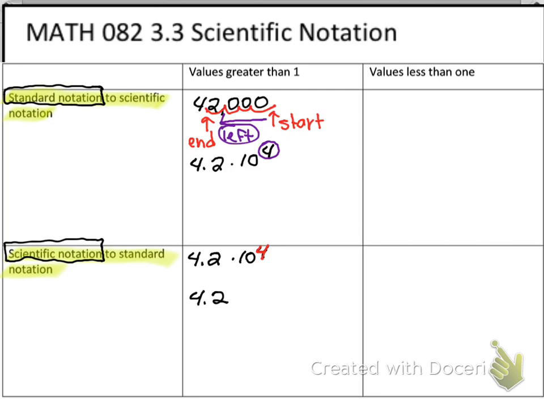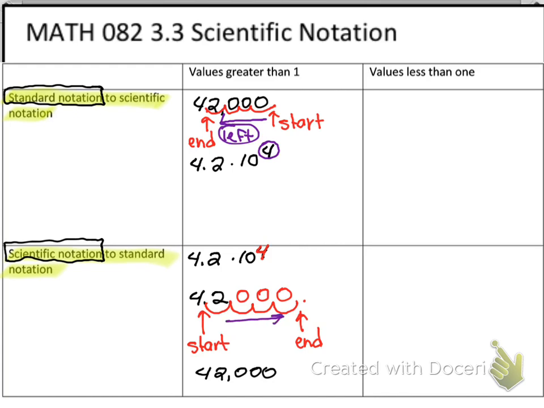Well, in this case, I need to move it to the right. 1, 2, 3, 4 times. So my decimal place is starting here, and it's ending here. Just like last time, we have some blanks that we need to fill in with zeros. 1, 2, 3. So our final answer is 42,000. Note that this time I moved my decimal place to the right.